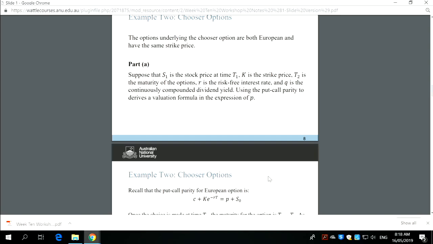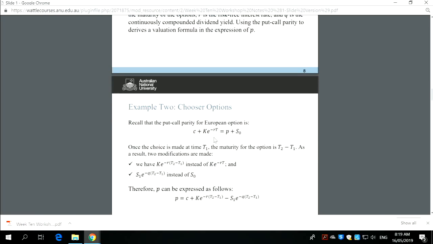Now, having that information, let's think about the last sentence: we want a valuation formula in the expression of P. When we look at this put-call parity, we know how to do that. Simply rearrange this equation, having the put option on the left-hand side and everything else on the right-hand side.